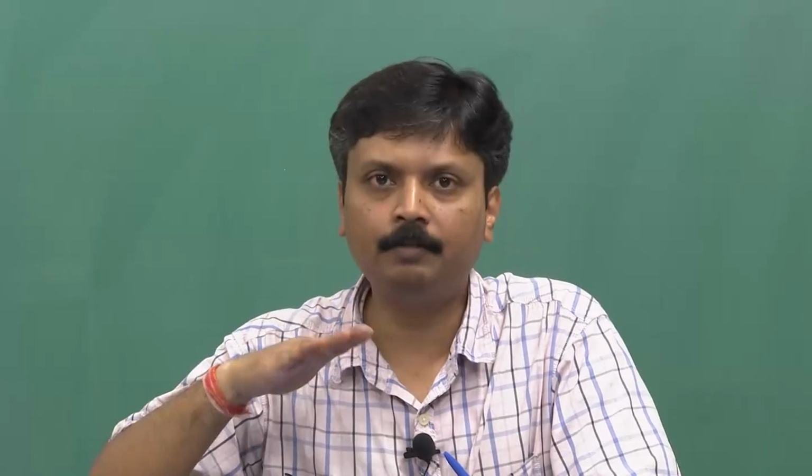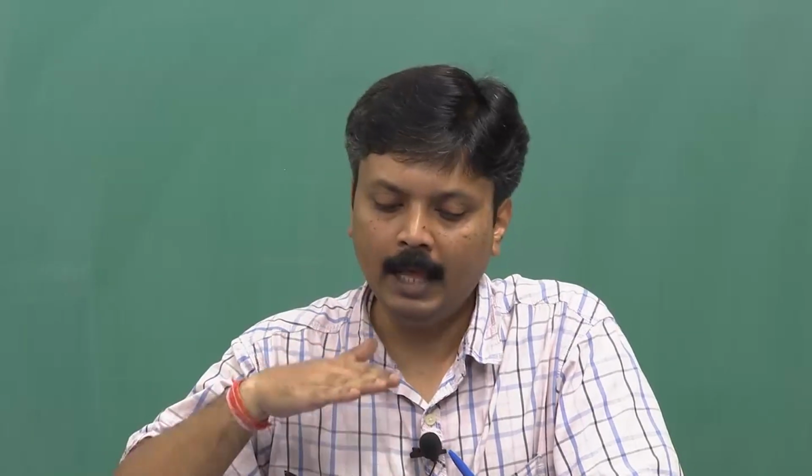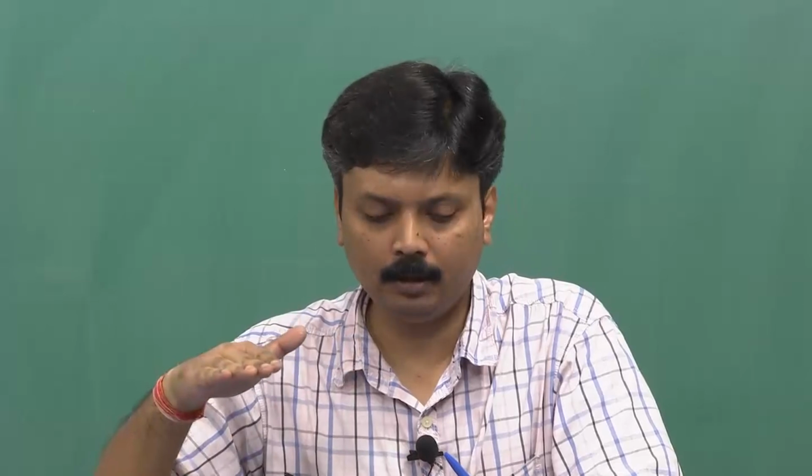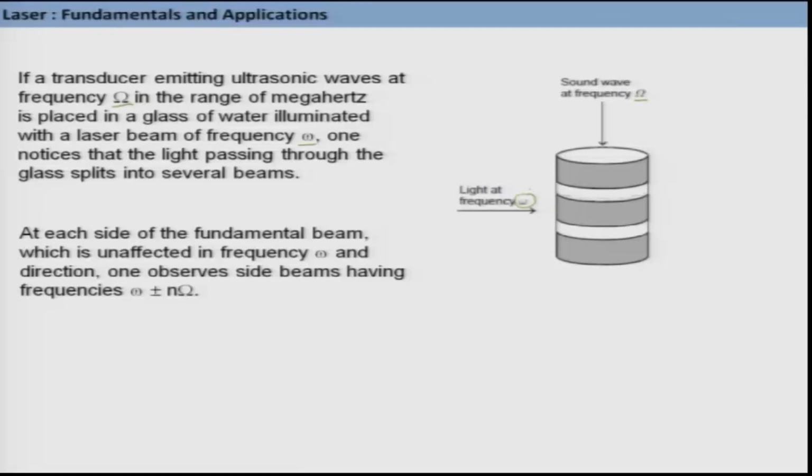This light frequency small omega gets split into several different beams, and at each side of the fundamental beam they are disposed, and not only are they separated in space, but they are also separated in frequency.